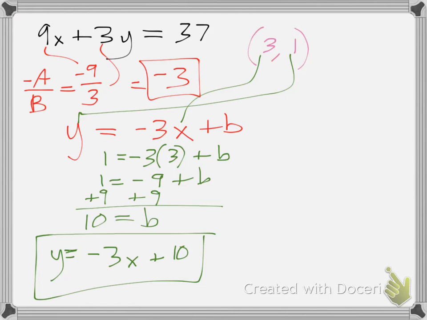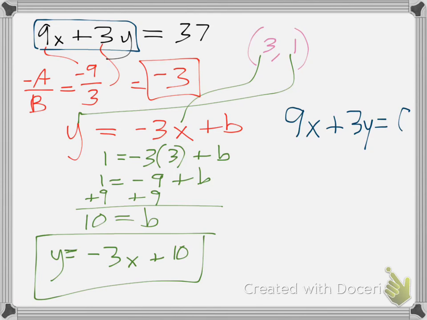Now there's another trick that you can do here. If it doesn't matter what form the answer is in, if you know that you're looking for parallel, then you know if you keep the 9 and the 3 exactly where they are, the same signs, then the slope is not going to change.